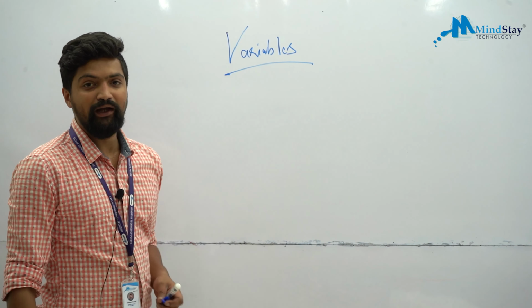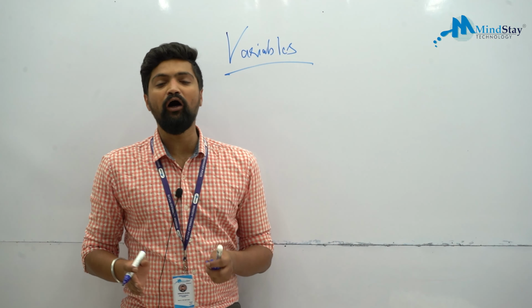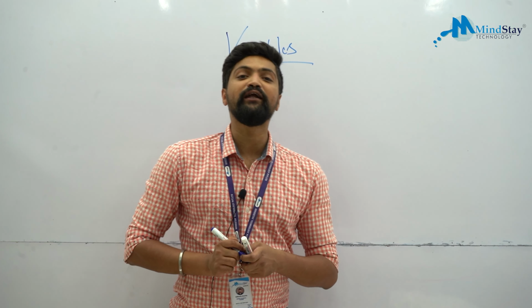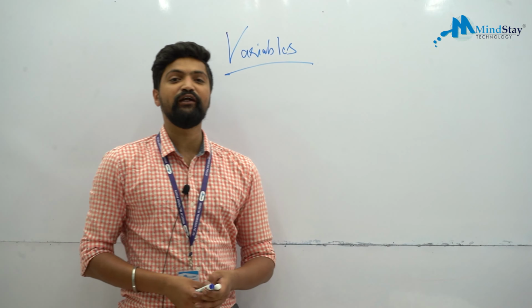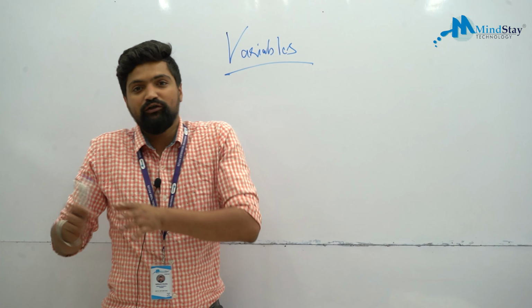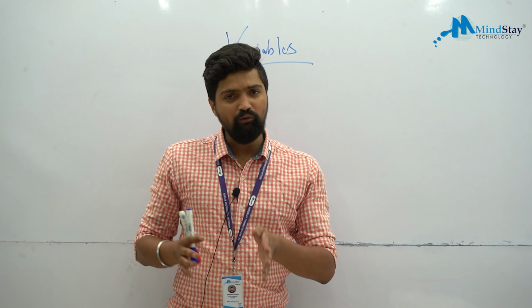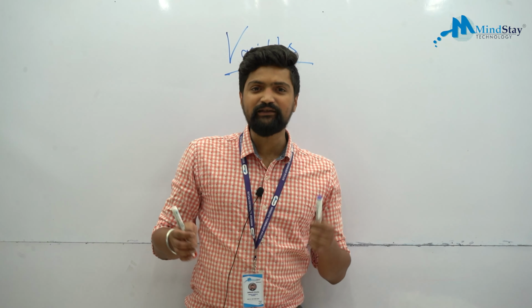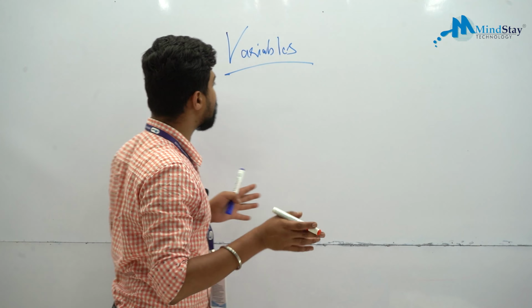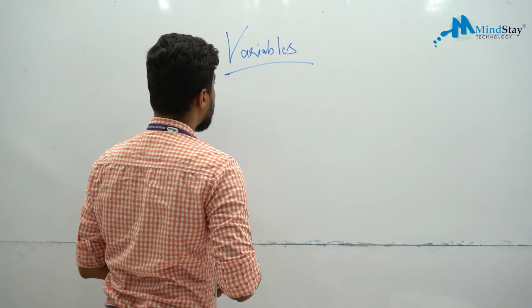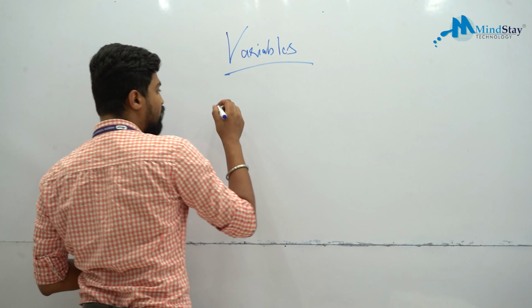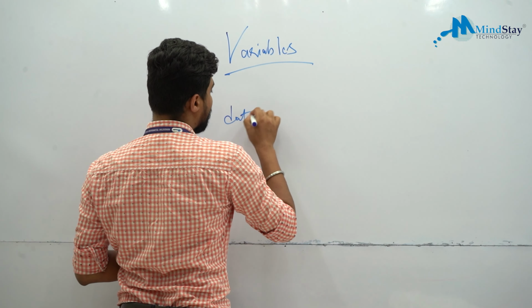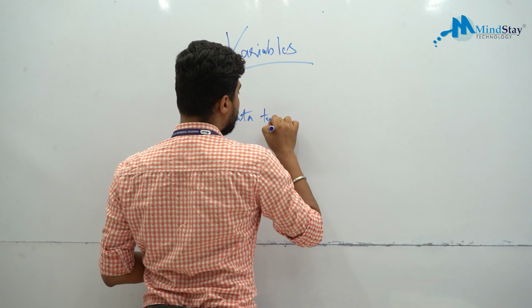Yes. So I remember telling you the norms of how you can write the variable name, what should be the variable name, what should not be the variable name, how to start a variable name, and few more details. So let us go a little more deep into that. If you see, I told you the format of writing a variable is data type.